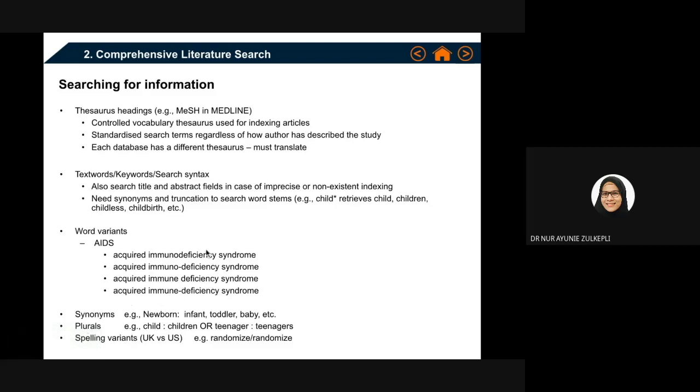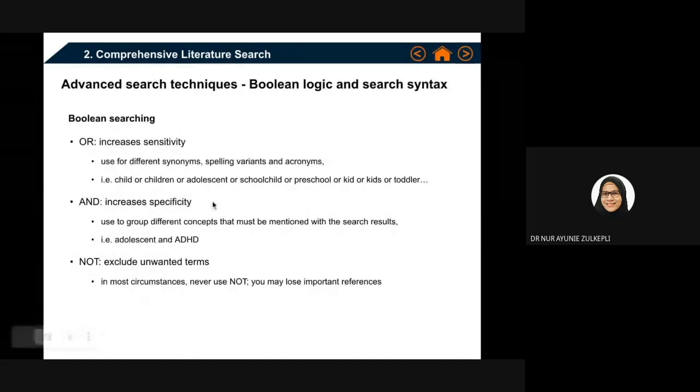So there are different variants. So you need to access all of this, because otherwise you will miss some literature that is related to it. Okay, so you can also apply synonyms, plurals, or spelling variants. UK and US spelling variants are different, right?